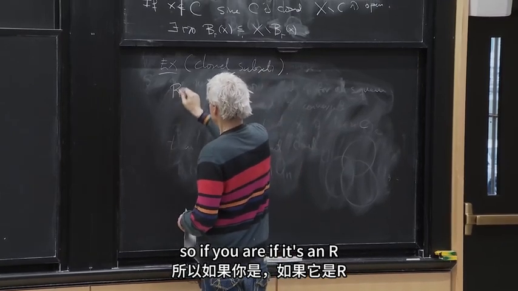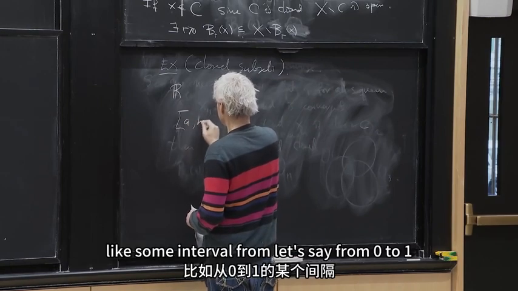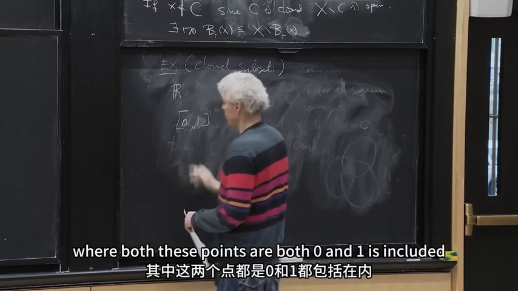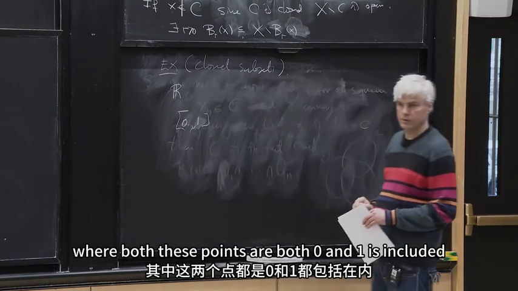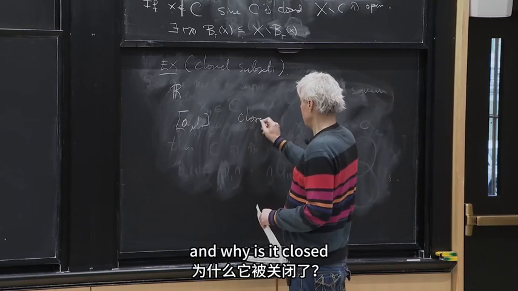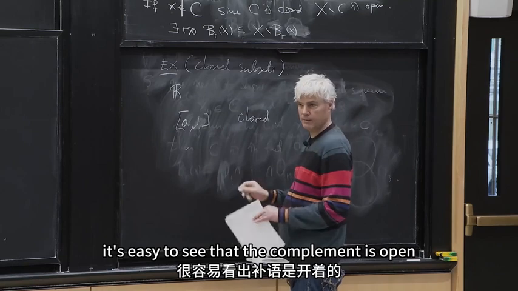In R, a closed subset is like some interval from, let's say, 0 to 1, where both 0 and 1 are included. This here is closed. And why is it closed? Because the complement is open. It's easy to see that the complement is open.